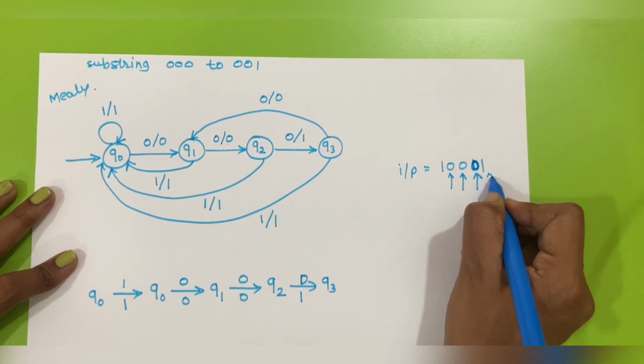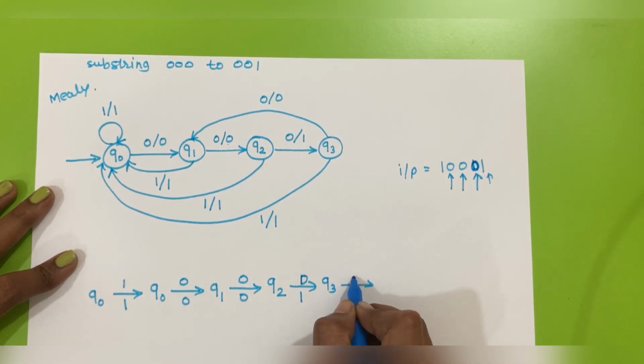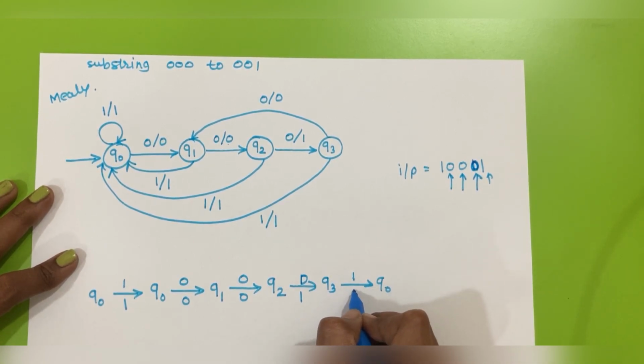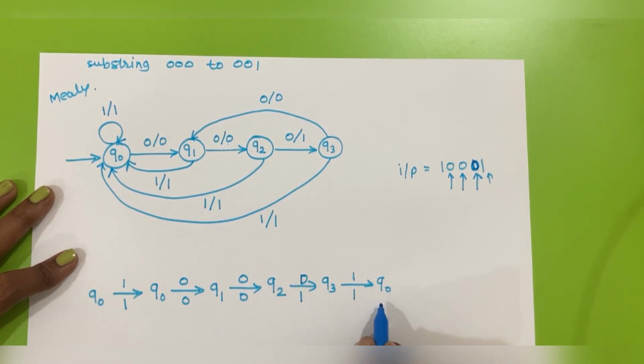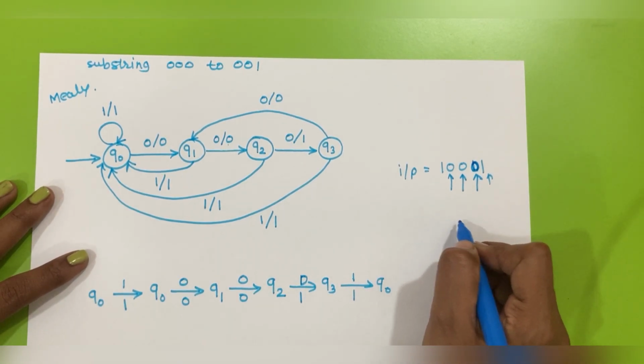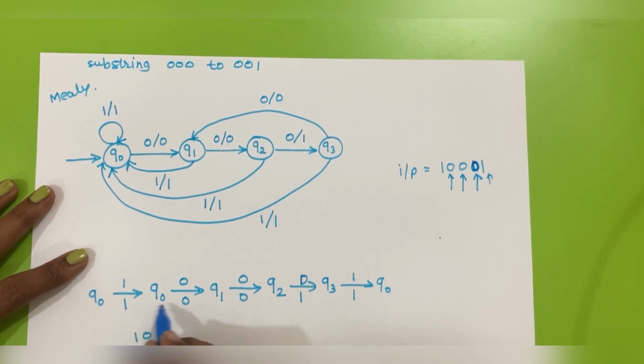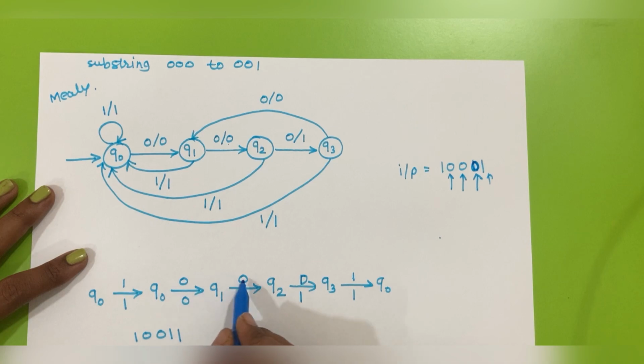Now the next input symbol is 1, so after Q3 it will read 1 and reach state Q0, and 1 will be replaced by 1. So the total output string will be 1 0 0 1 0 0 1 1 1 1, and this is my input string, that is 1 0 0 1.